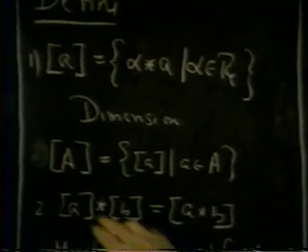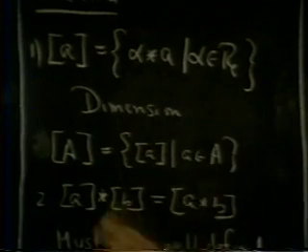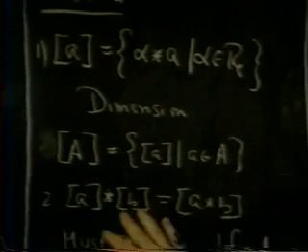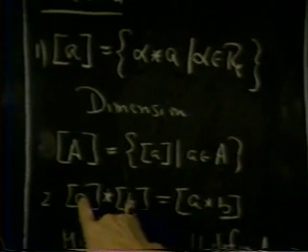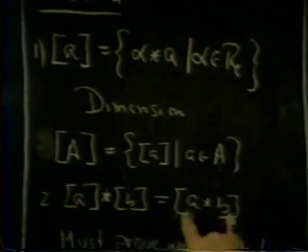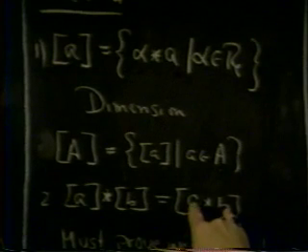And I'll define a composition, and I'm going to use the same symbol. It's got a double meaning, but I think we can keep it straight. The composition of two dimensions is the dimension of the composed components.